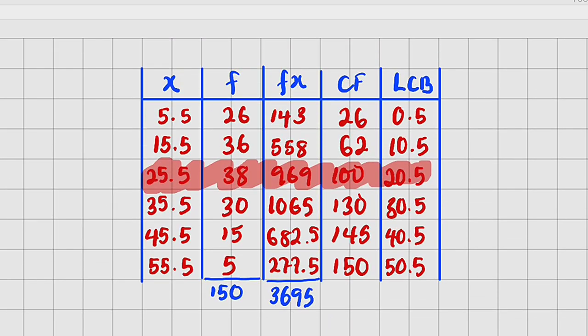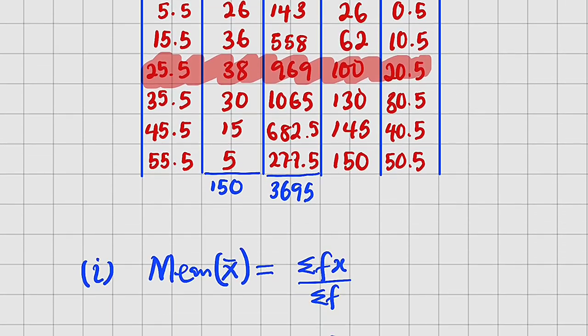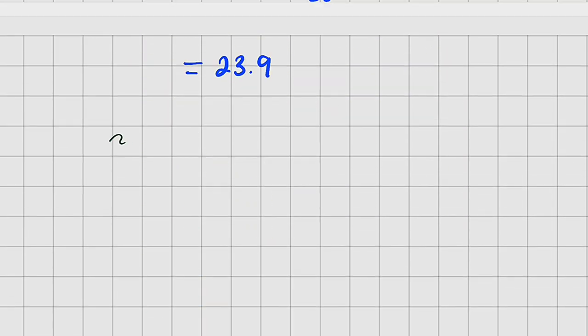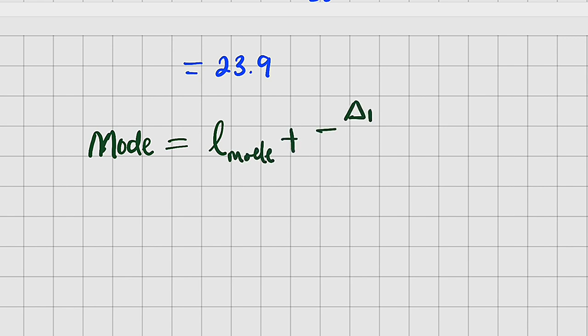And lastly, we are asked to compute for the mode. So the mode is equal to lower class boundary of the modal class plus delta 1 divided by delta 1 plus delta 2 multiplied by the class size.